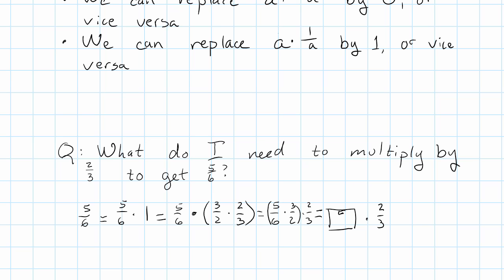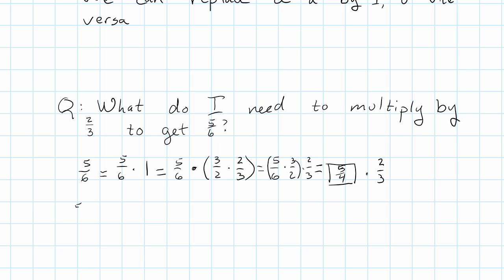I think I'm going to get 5/4. You're welcome to work that out either on a calculator or by hand off to the side. And so we see 5/4 times 2/3 equals 5/6.